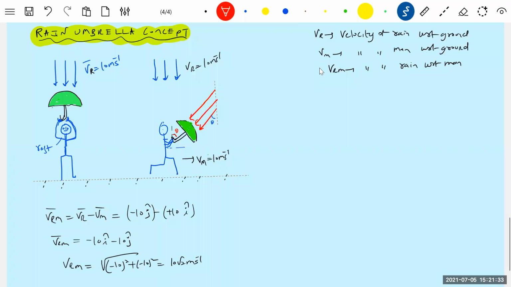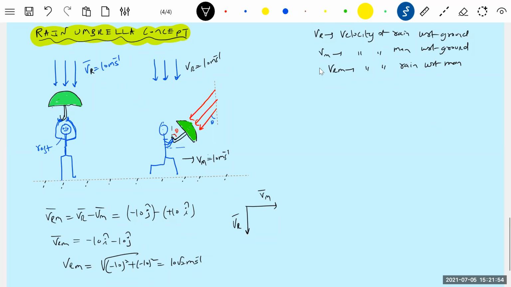Okay, let's get into the calculation part. Let's draw the vector diagrams, this will be more important. Here is the actual velocity of the man, and the velocity of the rain. These triangles are very important. Once again, we want the velocity of rain with respect to the man.